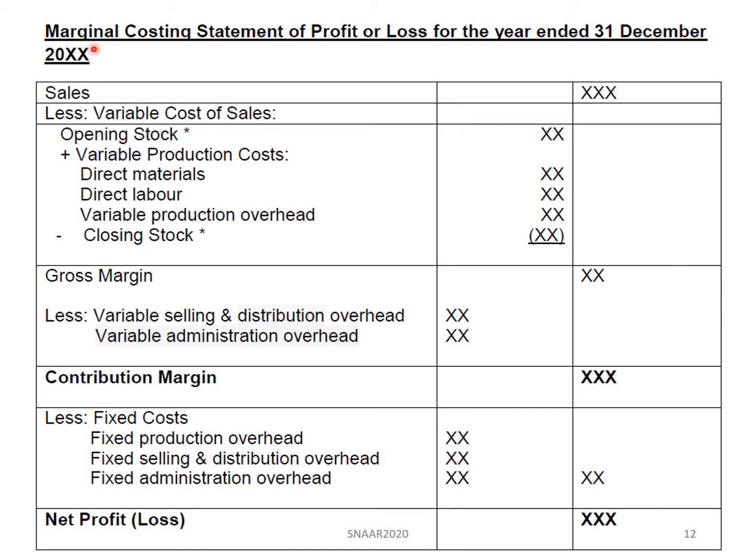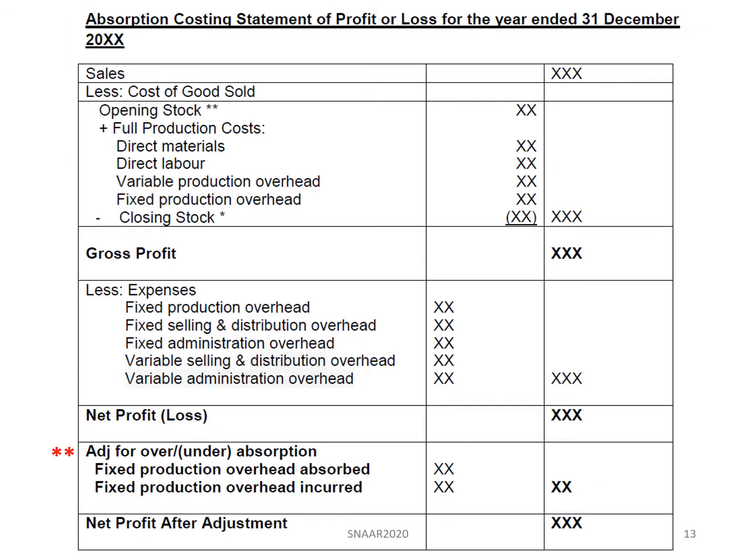Next, kita akan move kepada absorption. This is absorption costing, statement of profit or loss. So, if you perasan dekat sini sama je, the sales tolak the cost of goods sold, opening stock. This one, kita ada full production cost, dia bukan variable. Okay, so my workings untuk direct material, direct labor, variable production overhead dengan fixed production overhead ni I combine into one working dekat luar.